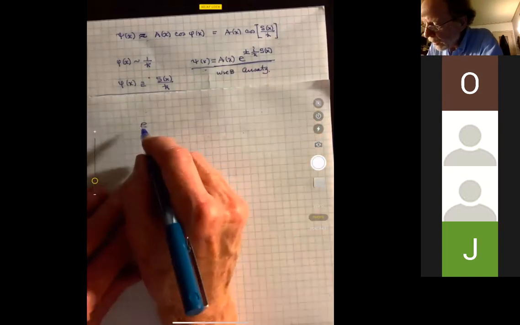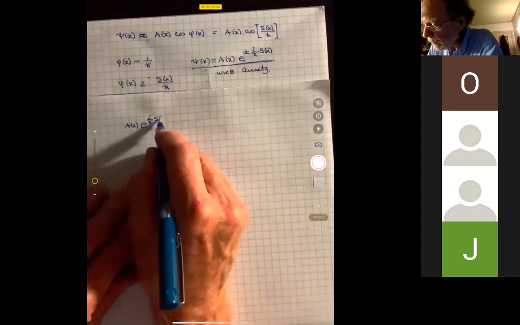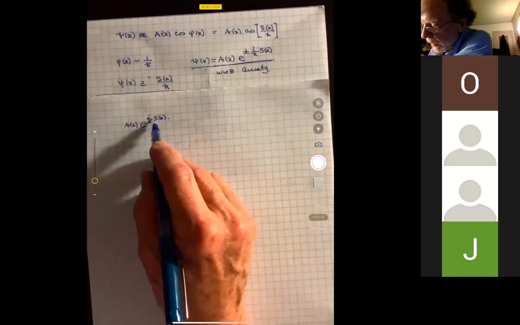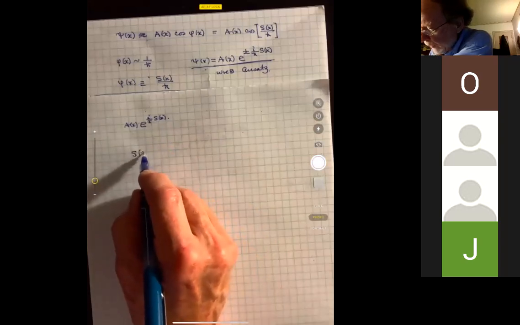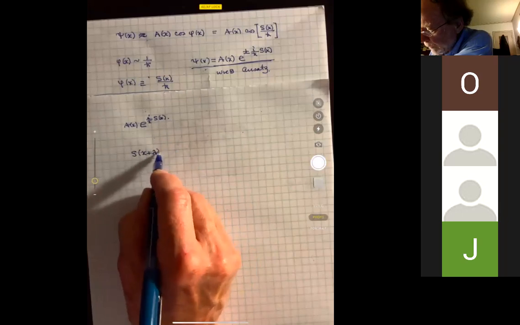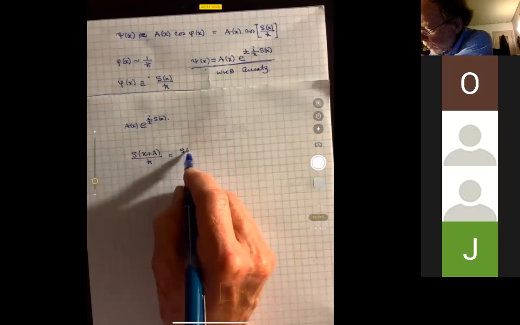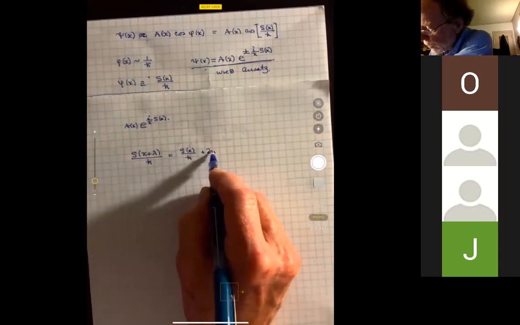The wave function is A of x e to the i over h bar S of x. So the phase is S over h bar. So that means if I increase the phase by lambda, that's got to be equal to S of x over h bar plus 2 pi, because that's the definition of lambda.